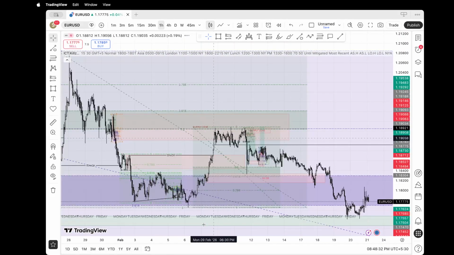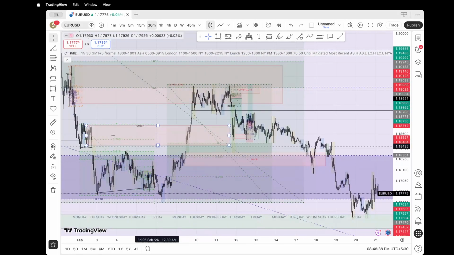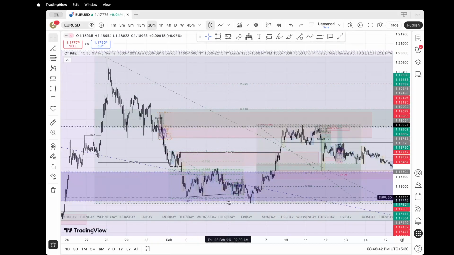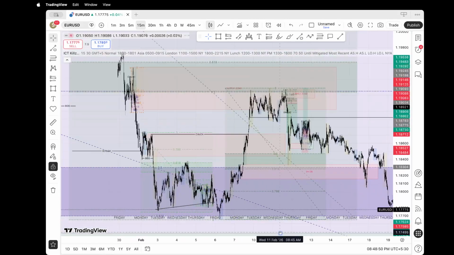So the trade was taken with the idea that a break of structure occurred here. A break of structure occurred here, and on the 5th of February, I don't know, I haven't marked it. Okay, I have marked it. Let's zoom in a bit more.